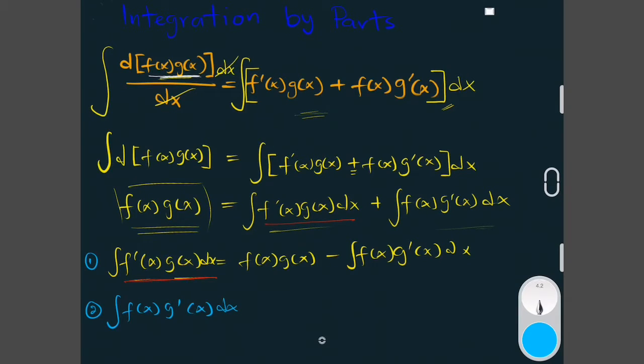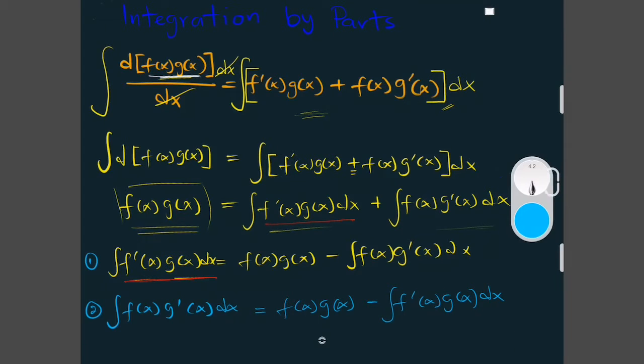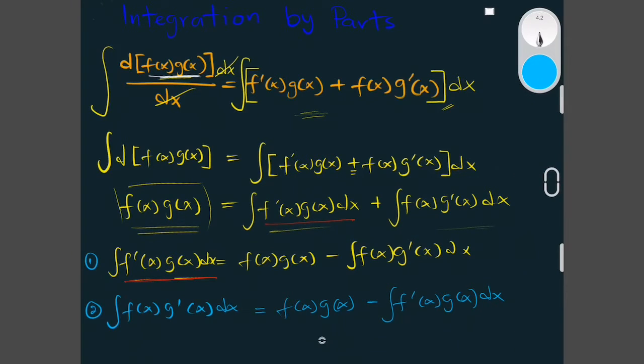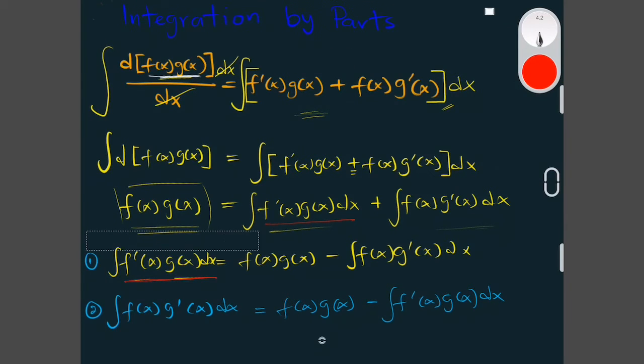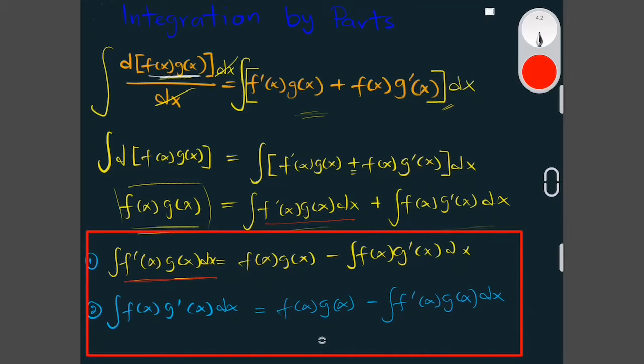Well, this is also equal to f(x)g(x), we're just rearranging the equation, minus the integral of f'(x)g(x) dx. So these are the two ways we can represent the partial integration equation.